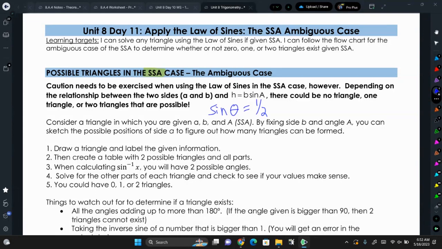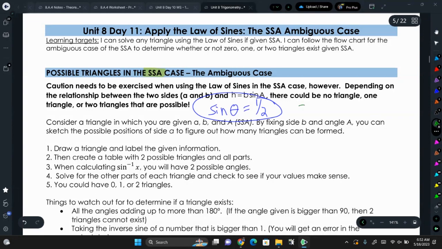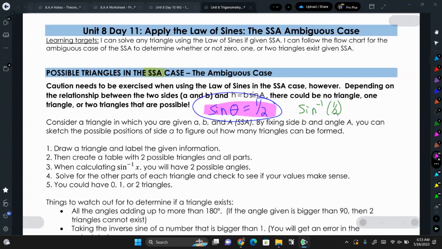So if we get this equation through our law of sines, then we know that there are two possible angles. Notice that is different than saying the inverse sine of 1/2, because the inverse sine function has a restricted domain. The normal sine function does not.